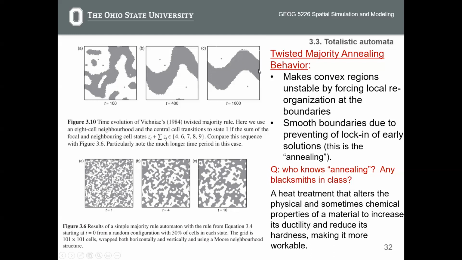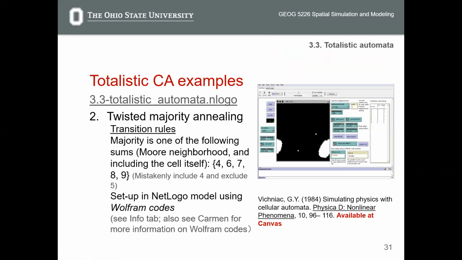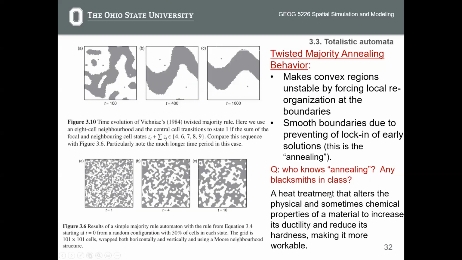This material is easier to work on. So this is annealing. And this twisted majority annealing simulation is trying to simulate this physical process used in what? In heat treatment. It's a method of heat treatment.